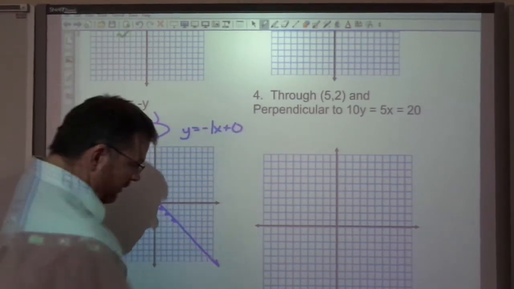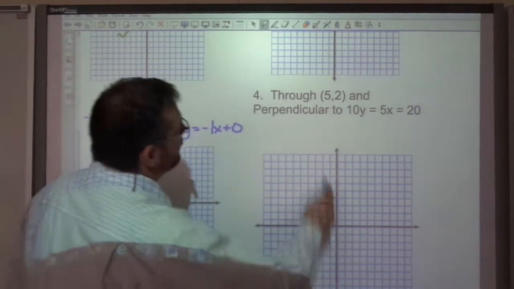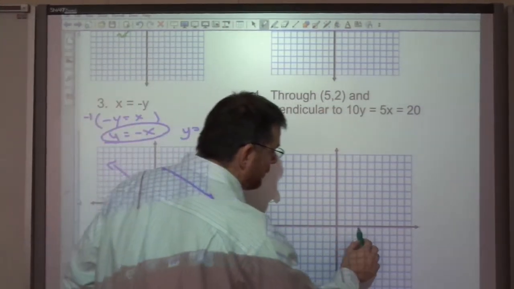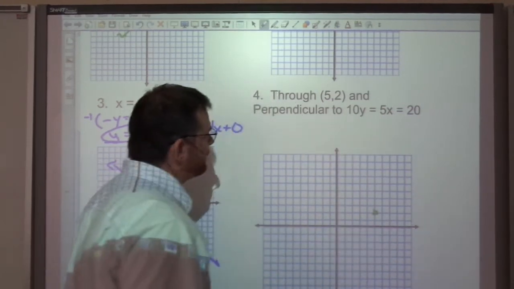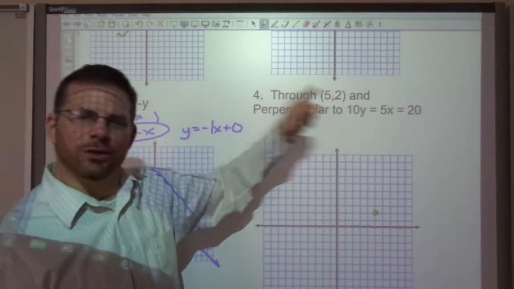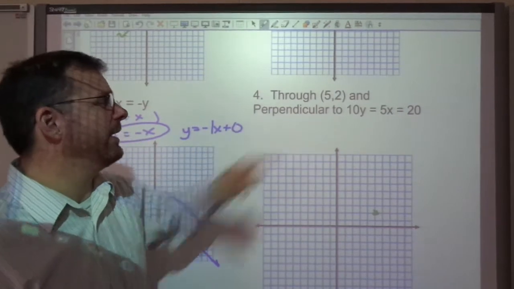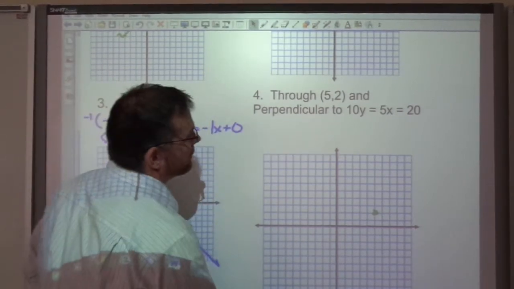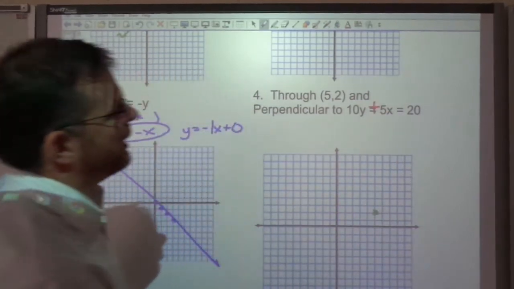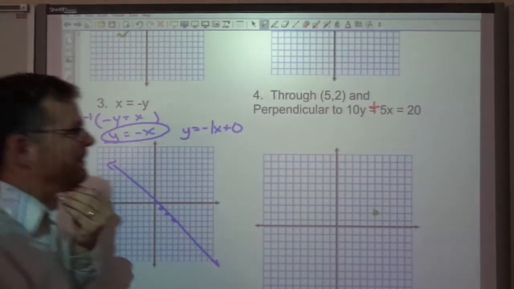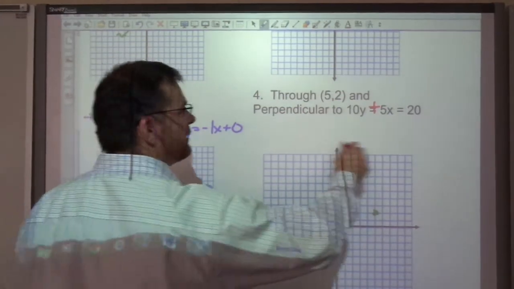And this one, we're looking for the line that goes through this point, 5, 2, and is perpendicular to this line. So I need to draw this line on there first. Okay, how do I do that? Oops, this is supposed to be plus. This looks like it would be best to use the intercepts. So let's do that.